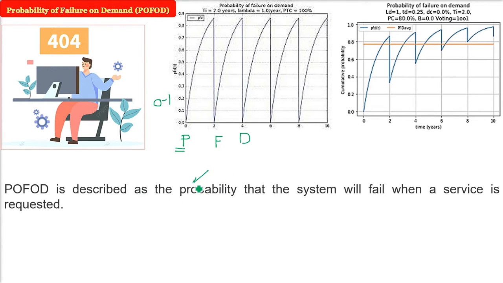POFOD is the probability that the system or software product will fail when a service or certain function is requested.